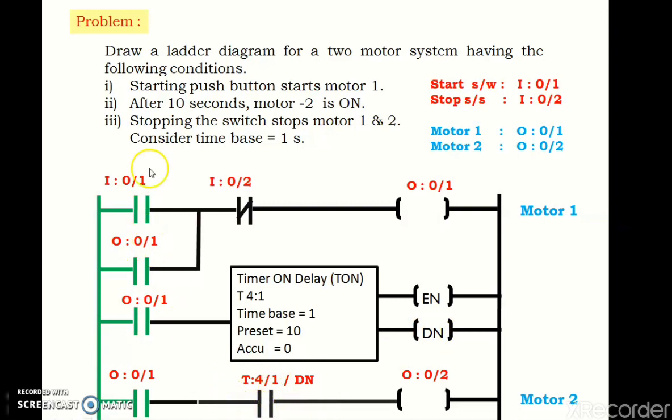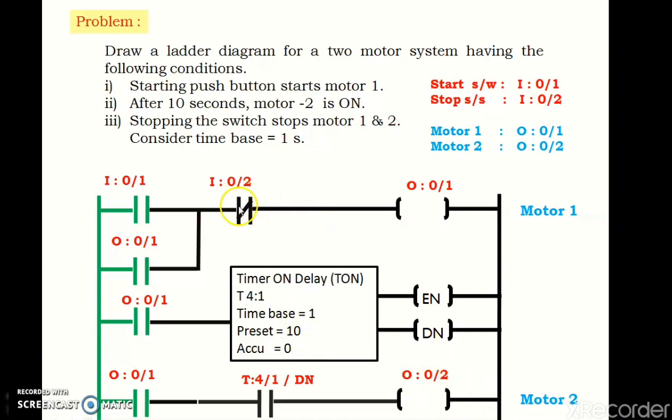Now when start switch is pressed, suddenly this latch coil will be energized, output 0/1. This output 0/1 is here as a switch, here as a switch. Both will get closed. When it gets closed, and done bit will be activated, the output 2 will be obtained. Means when start button is pressed, motor 1 will start immediately and when 10 seconds will complete, the motor 2 will start.